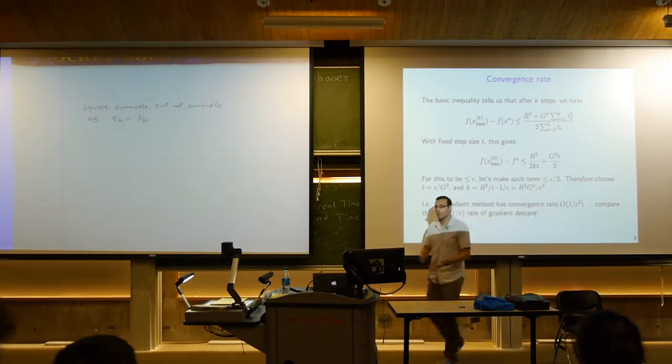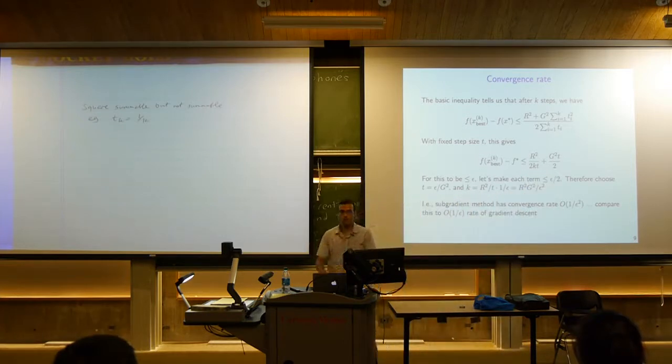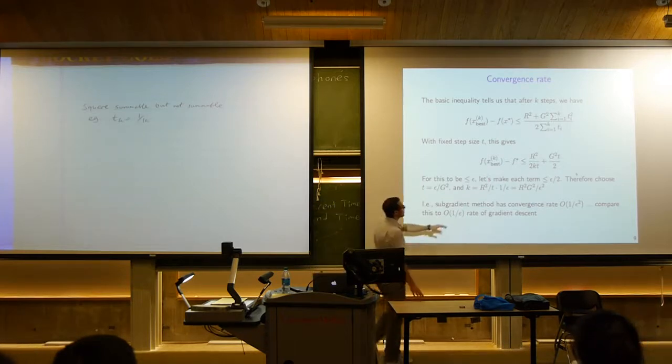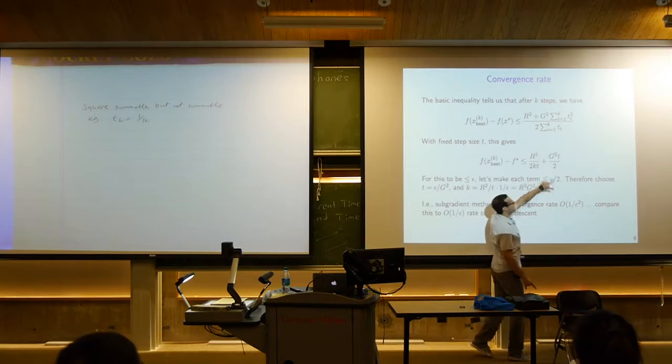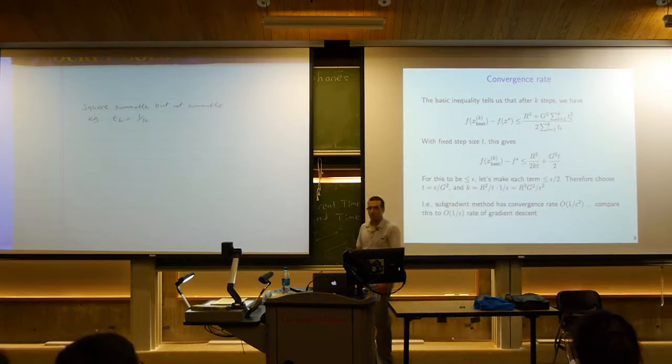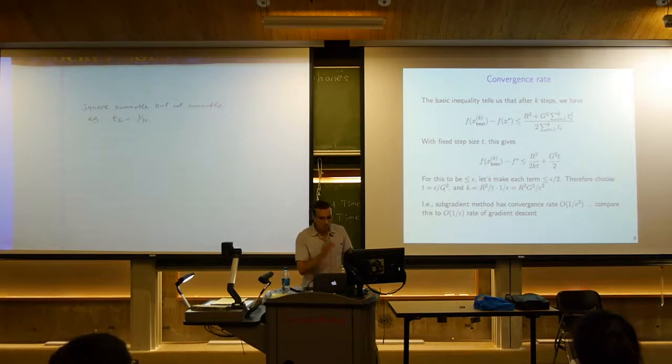It's often a good strategy to balance the contributions of two terms that have opposing factors of t like this. So that would tell me to choose t based on setting this equal to epsilon over 2.